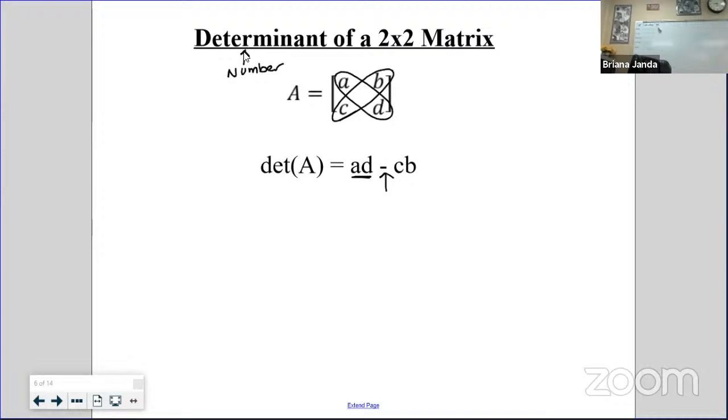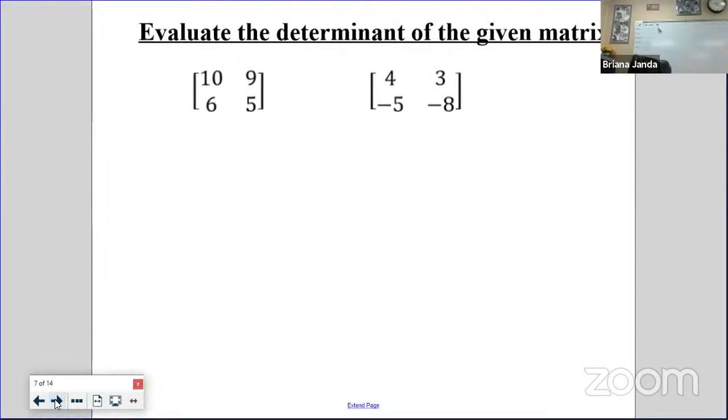You can see determinant of A this way. Some places will mark determinant of A as looking kind of like an absolute value symbol. I think this book uses that, but I want you to see all of the different ways that it can be represented. Determinant. So finding the determinant of a given matrix is going to just be a number answer.